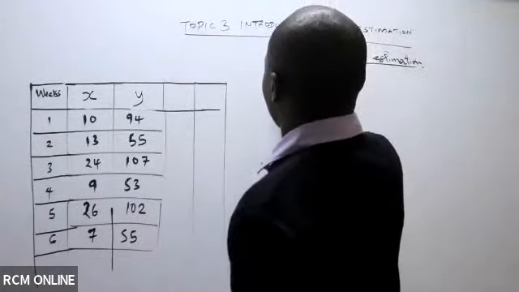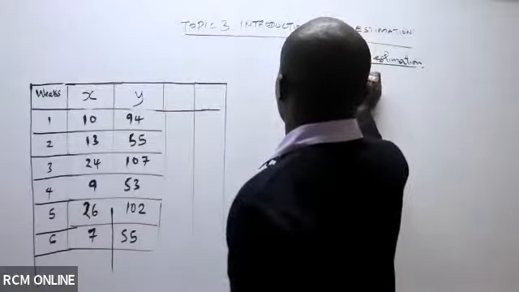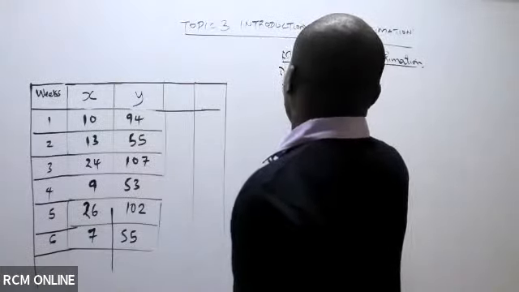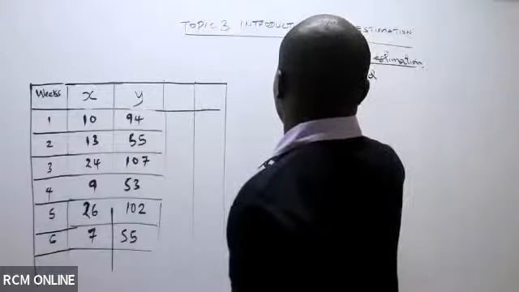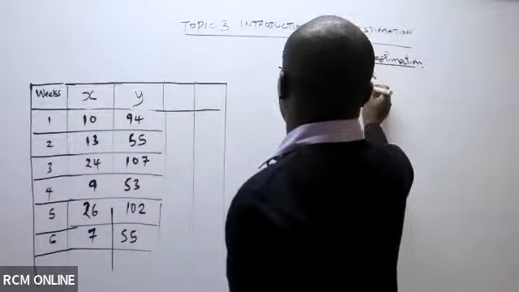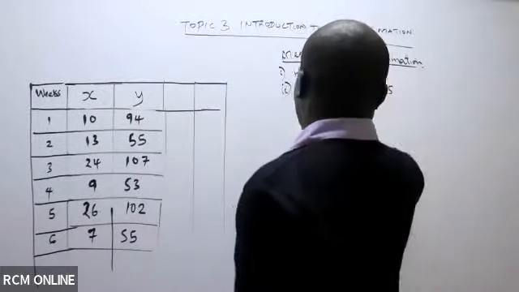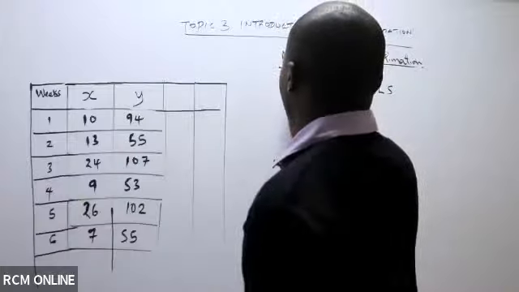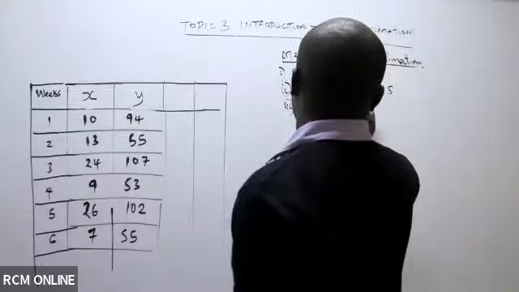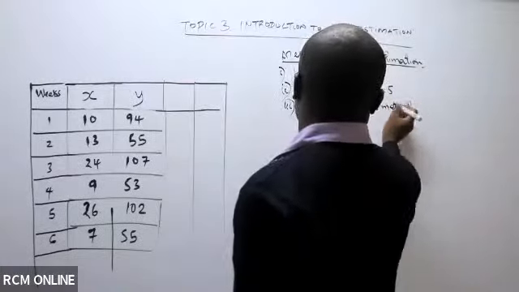Number 1, you'll be required to use the high-low method. Number 2, you are required to use what we call simple regression, or the ordinary least squares method. Number 3, we have the account analysis method.